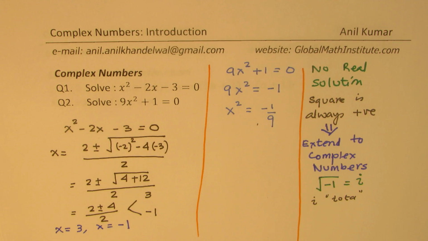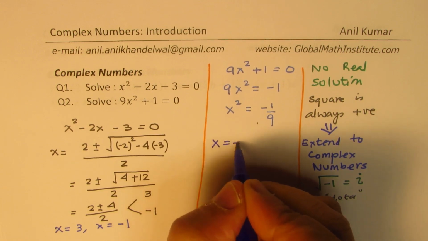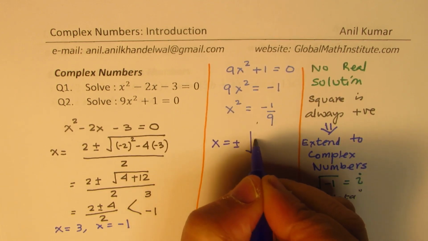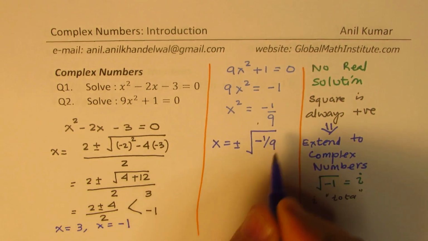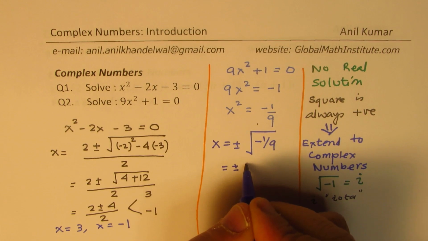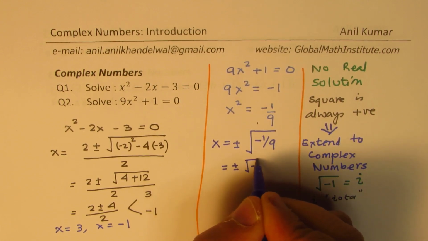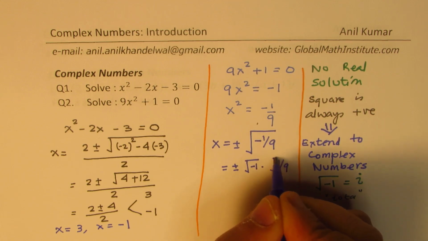Perfect. So now, if I have to solve this equation, I will say x is equal to plus minus the square root of negative 1 over 9, which you can think of as plus minus the square root of negative 1 times the square root of 1 over 9.